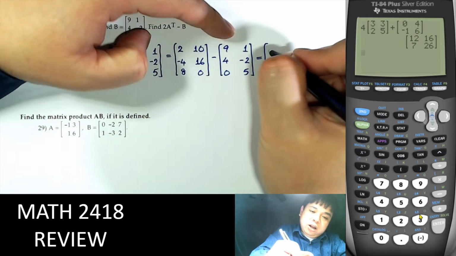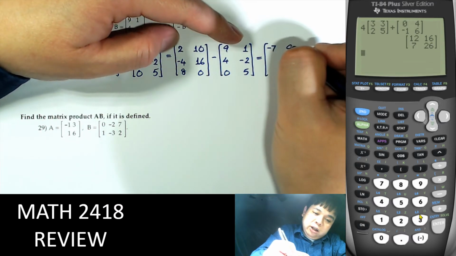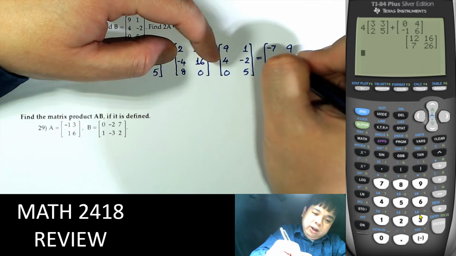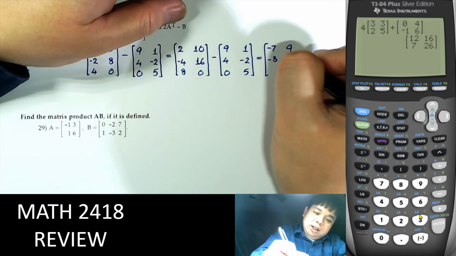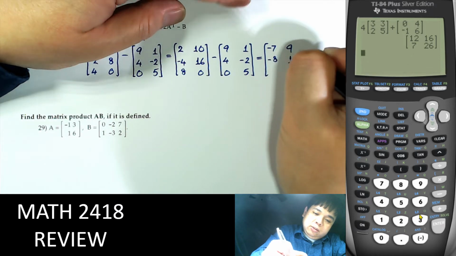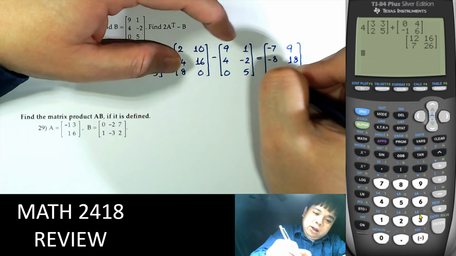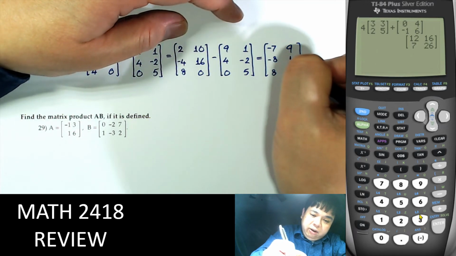So 2 minus 9 is negative 7, 10 minus 1 is 9, negative 4 minus 4 is negative 8, 16 minus negative 2 is 18, 8 minus 0 is 8, 0 minus 5 is negative 5.